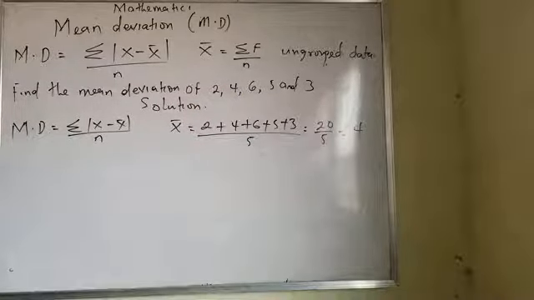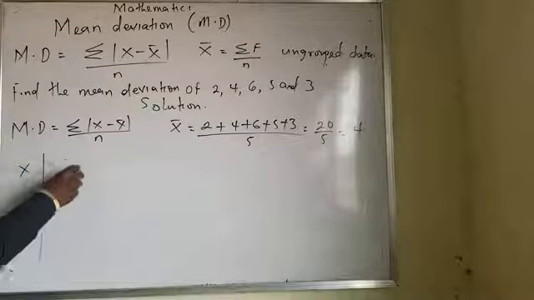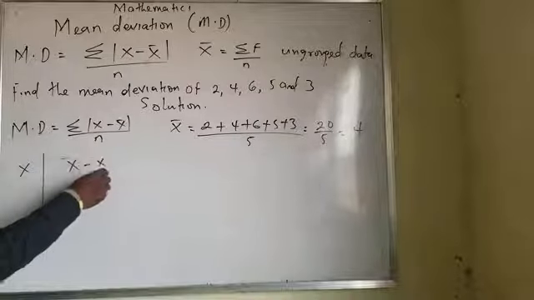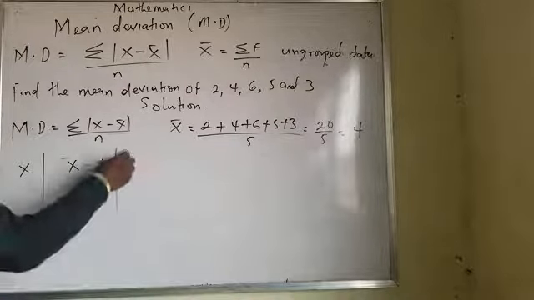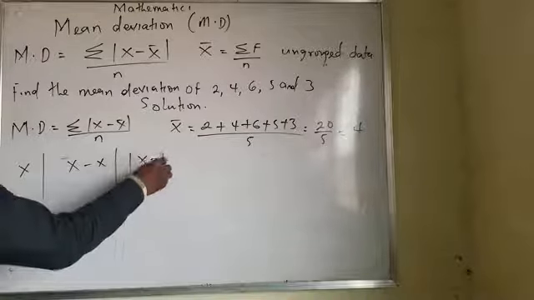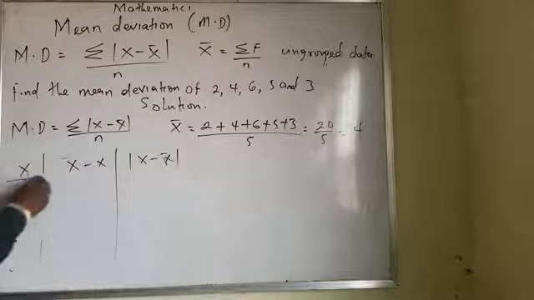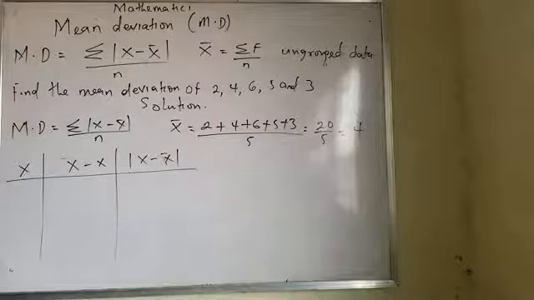Now, I will move on to my mean deviation. I'll go on with x, x bar, x minus x bar, and the absolute value of x minus x bar. What are my x values? We have 2, 4, 6, 5, and 3.